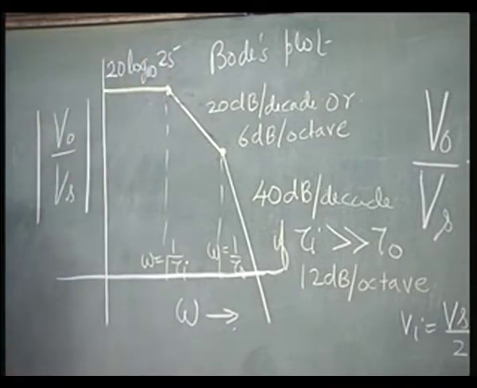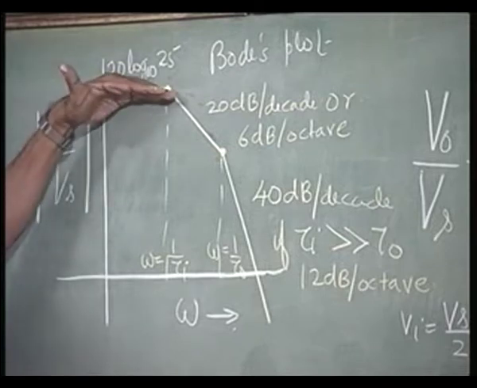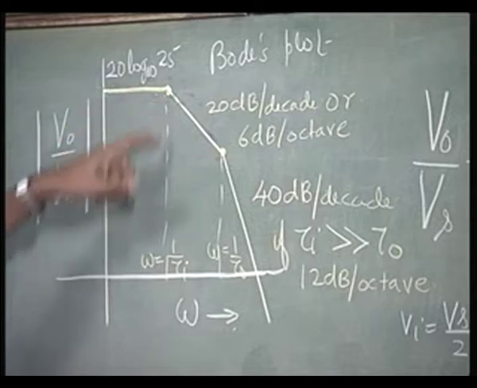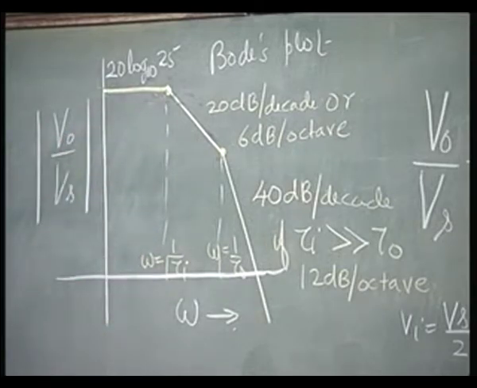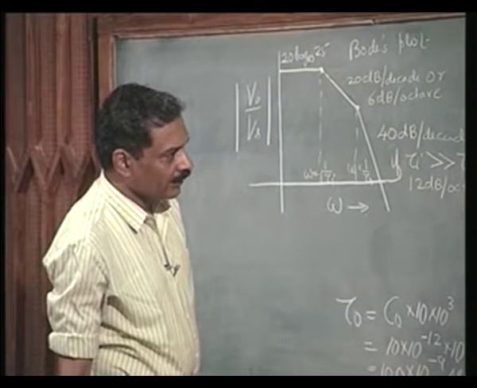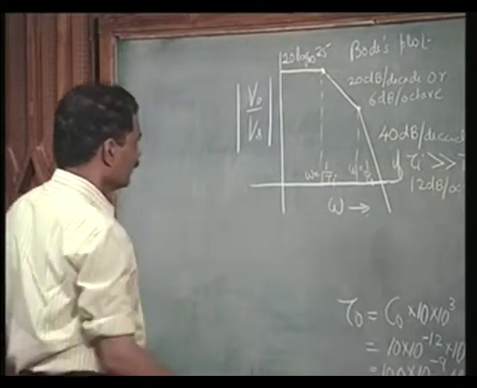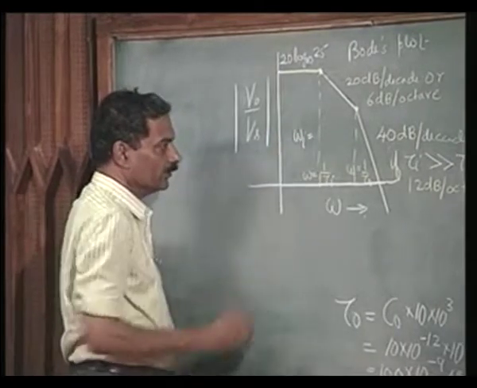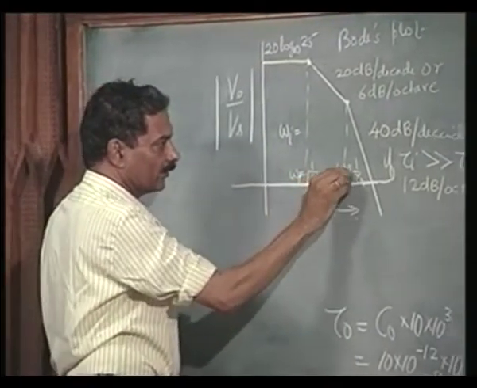That is the constant gain at low frequencies, and then one corner frequency corresponds to 1 over 250 into 10 to the power minus 9. We will call it omega I, and this is omega naught.